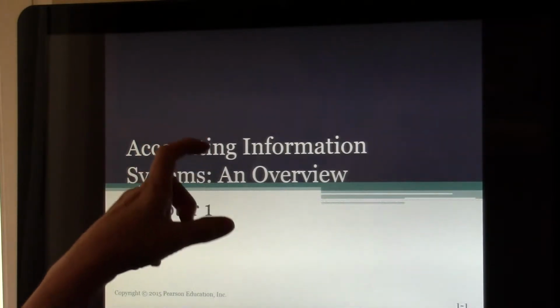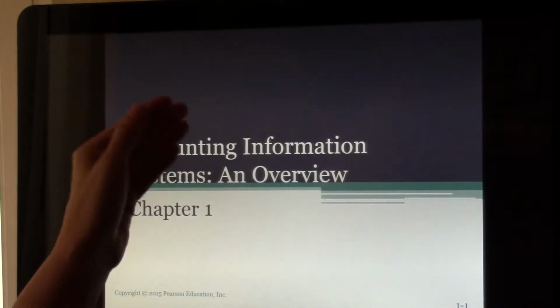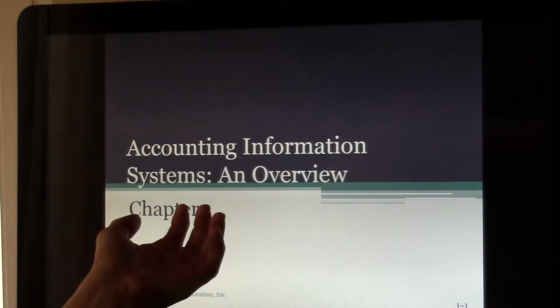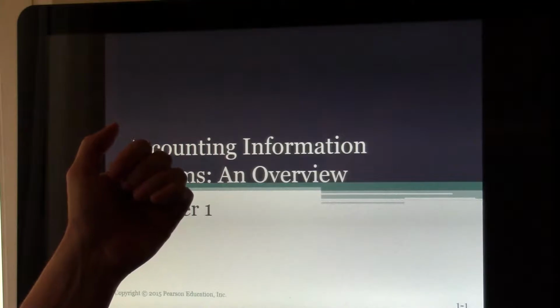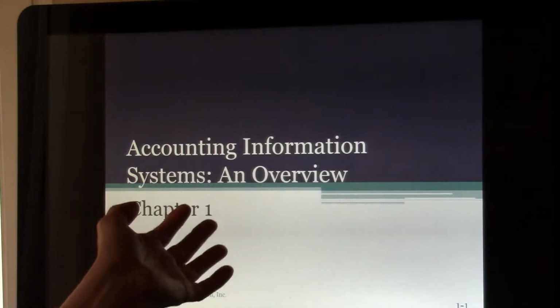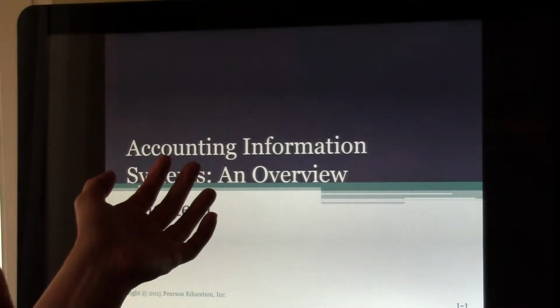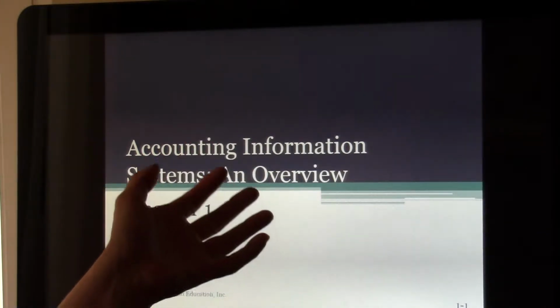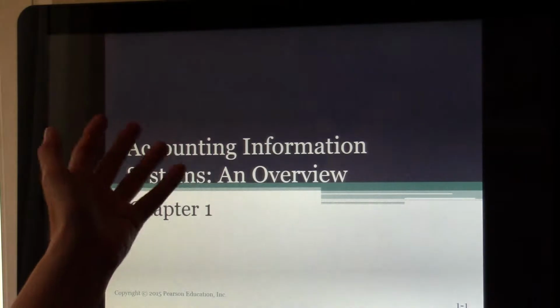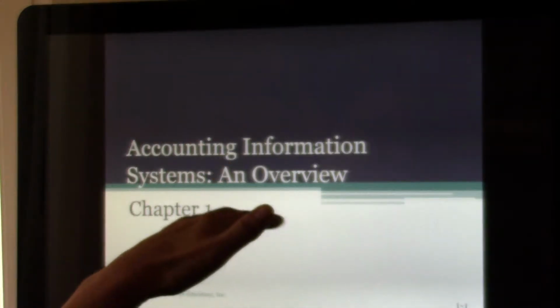How, as an accountant, do I gather all that data and make it into something that makes sense in real life? So you need an accounting information system, whether it's a manual system, like we're going to do with the SUA, or whether it's a computerized system, like we're going to do with the Sage 50, or any other system that you use out there.